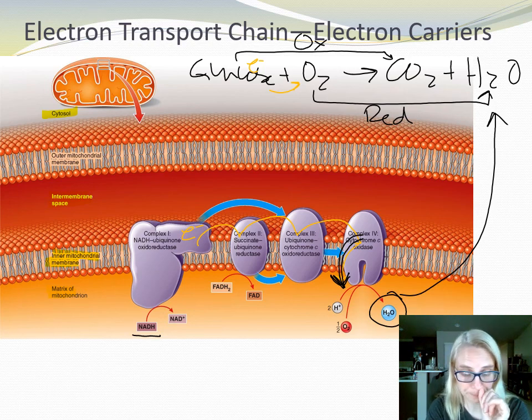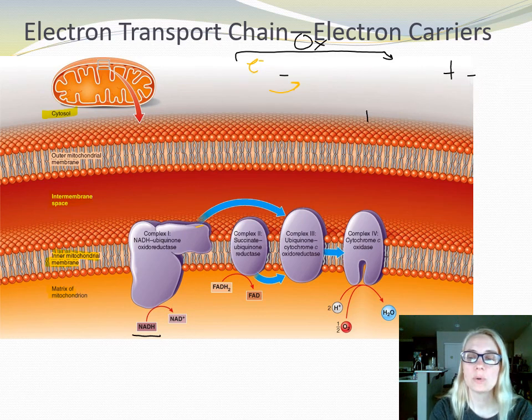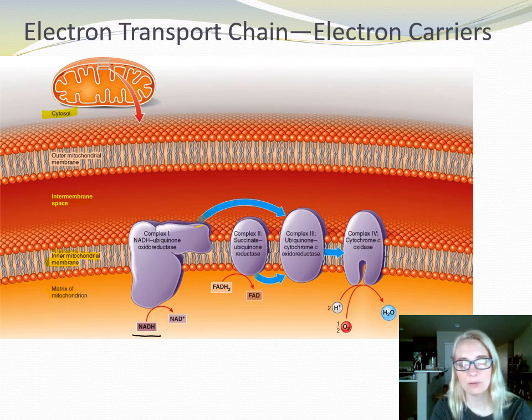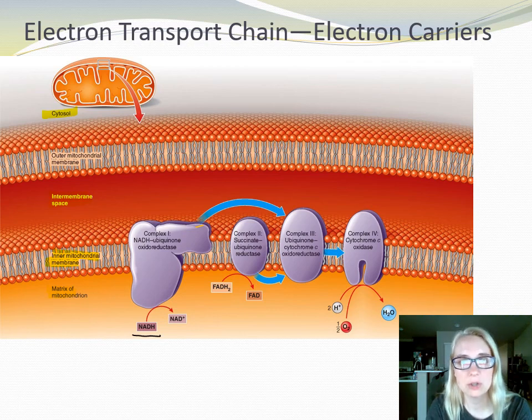But before we get there, I wanted to show you a little preview of what's going to happen with these electron carriers. So let me get rid of all this stuff. Do you remember in that last slide I had the little animation of the electrons bopping down and losing energy? Well, one of the things that exergonic reaction is going to do is we're going to couple it.